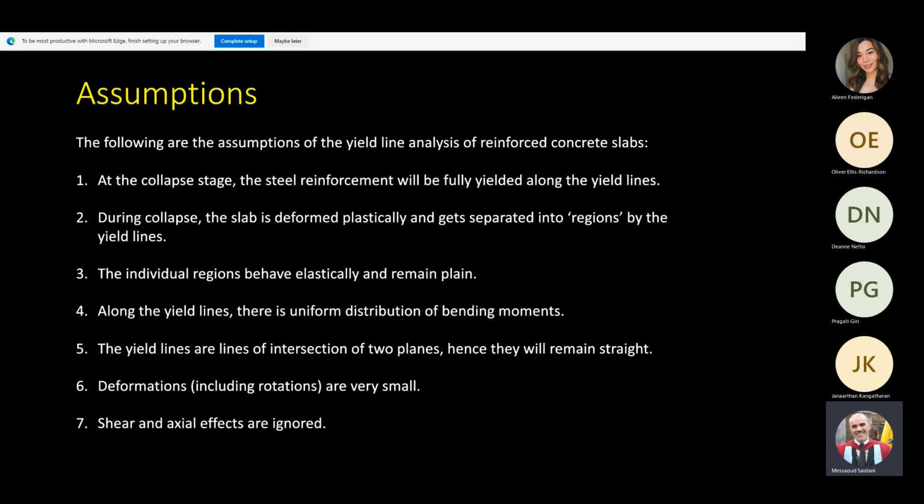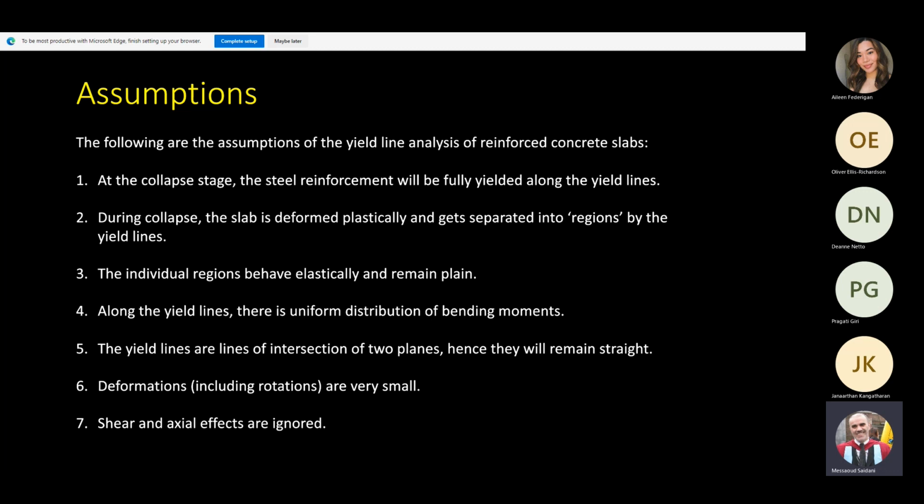We use sigma y, isn't it, when we work out MP, right? So it's similar. Secondly, during collapse, the slab is deformed plastically and gets separated into regions. As we have seen with the rectangular slab, the yield lines split or divide it into 4 regions.